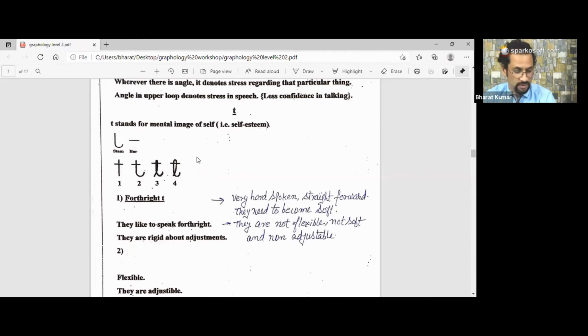The 10th S, we missed the dollar S, that is the money-minded people. Yes, the S description can be used for small s and capital S, similar, correct. Now, T stands for mental image of self, self-esteem. So actually this is about the self-esteem of a person.